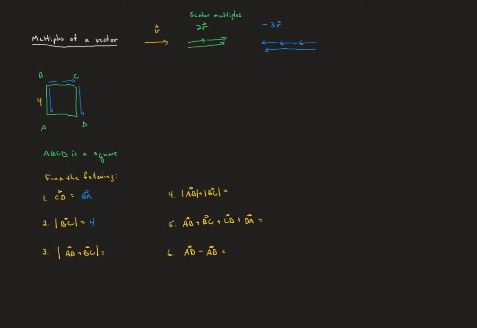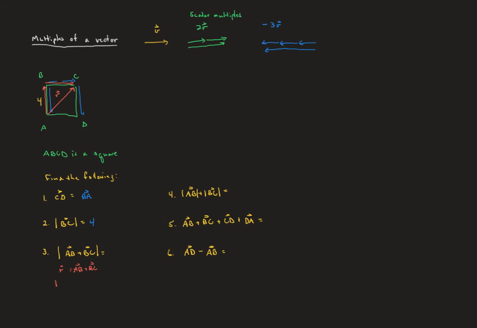So next we're going to talk about the magnitude of vector AB plus BC. First we have to add vector AB to vector BC. So here's vector AB, and there is vector BC. Those are tip to tail, so the resultant is going to be this vector right there. That's our vector AB plus BC.